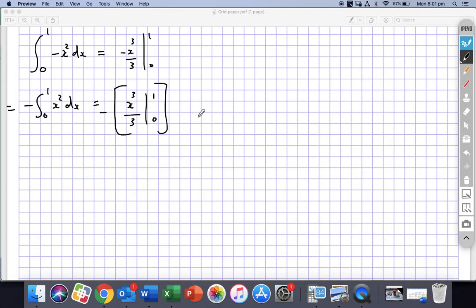But if f of x equals minus x squared, you can just say the antiderivative starts with the minus x squared, add 1, divide by 3, and that will work fine.